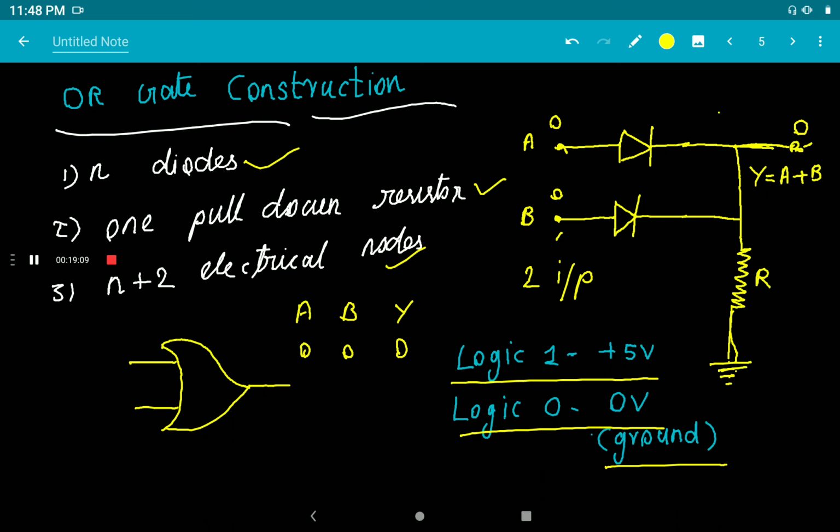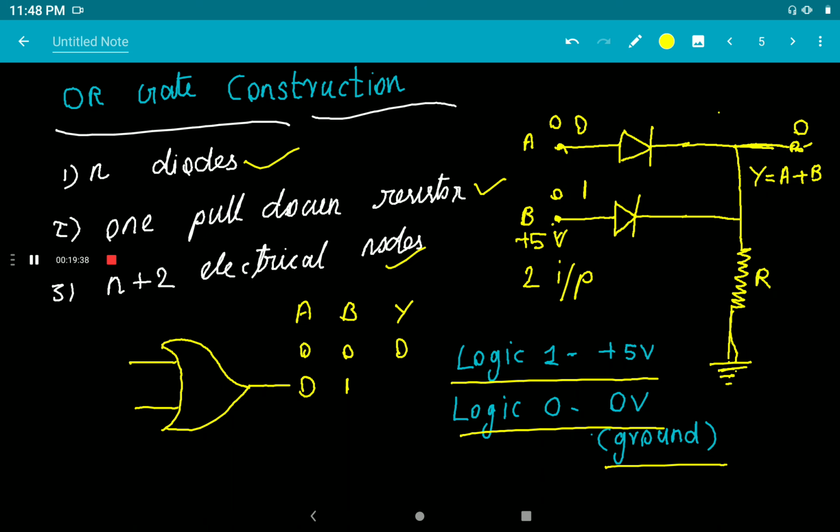Then, if any one of the inputs, just take A is equal to 0 and B is equal to 1, that is, any one of the inputs is raised to plus 5 volt, which means we are applying plus 5 volt here. What happens? The diode will become forward biased.